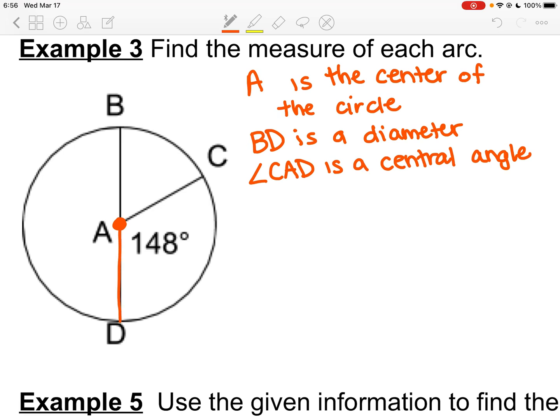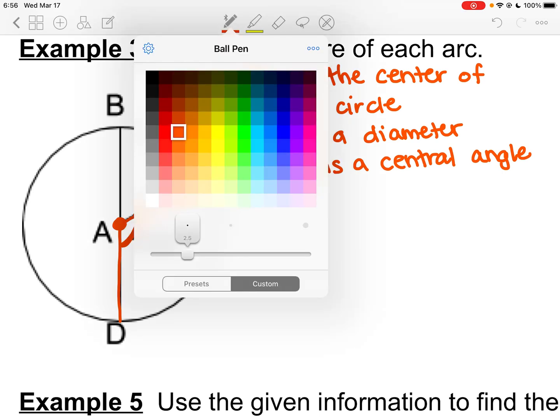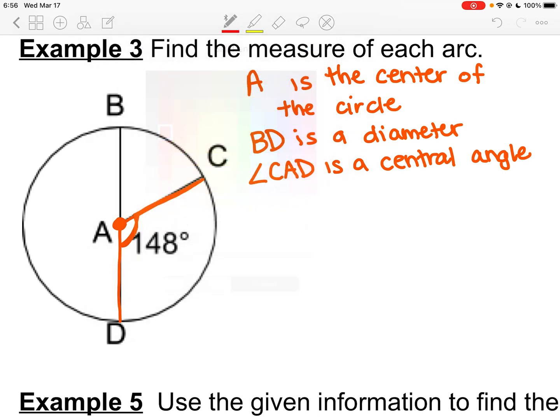So if I look at angle DAC, and that measure is 148 degrees, then the arc is also going to be that same measure. So the arc that runs from C to D is going to be 148 degrees as well.